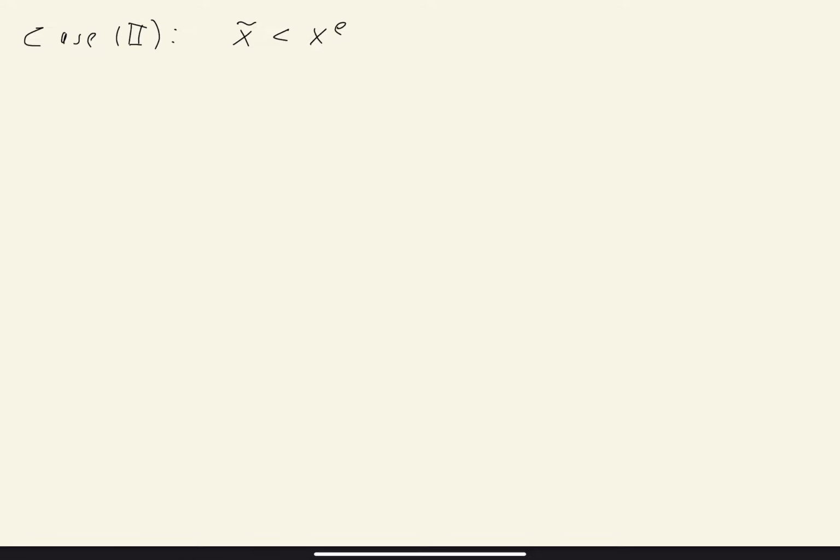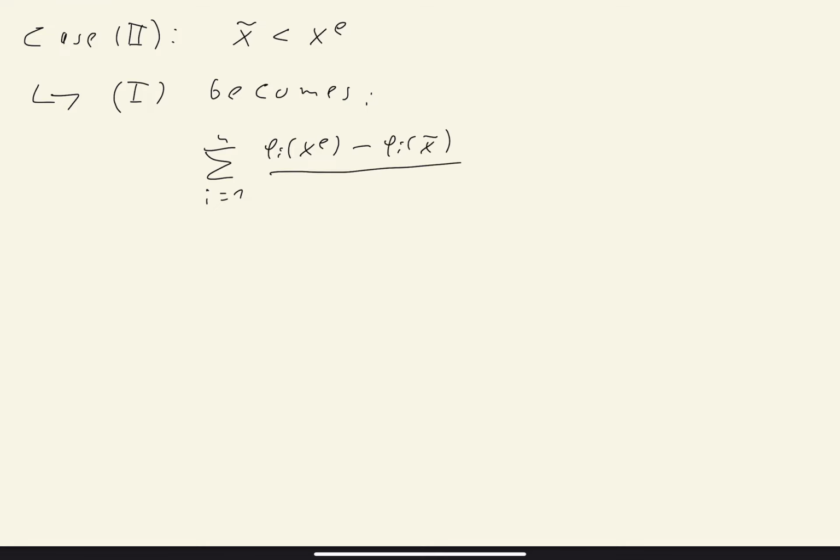Now equation 1 becomes, because now we're dividing by something negative, the sum of phi I xe minus phi I x tilde divided by xe minus x tilde being strictly smaller than c.